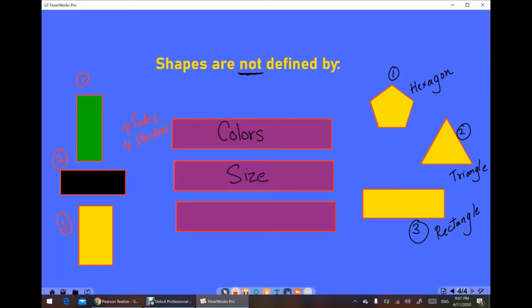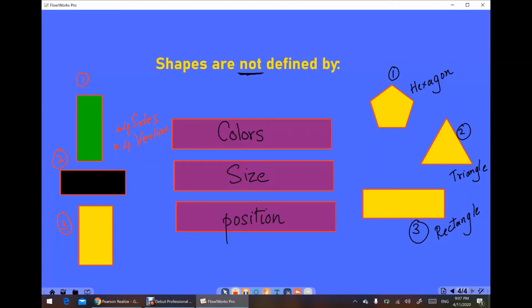Only the size is different. And the last one is position. Even if they are not in the same place, they are still rectangles because they have 4 sides and 4 vertices. You cannot say the shapes are defined by color, size, and position.